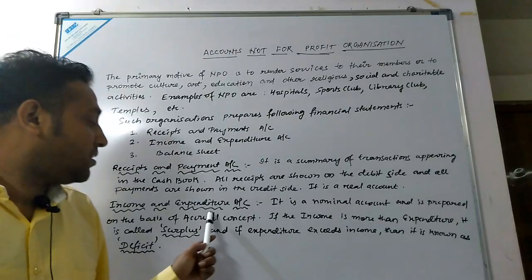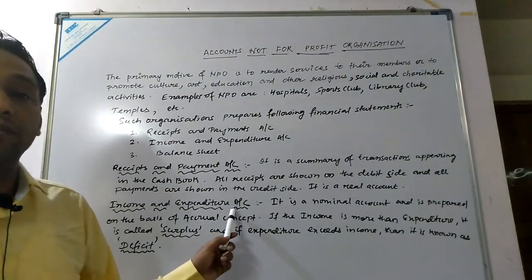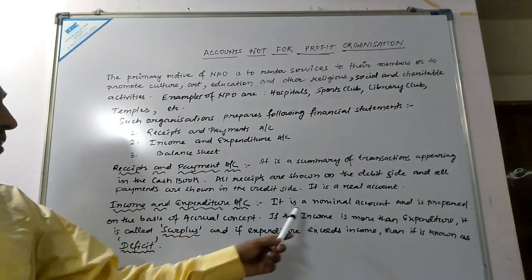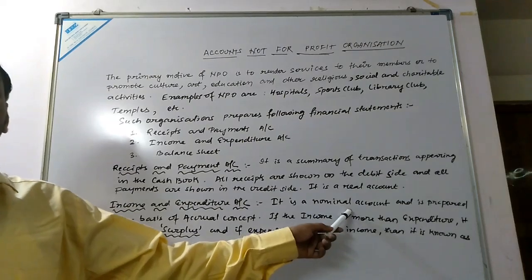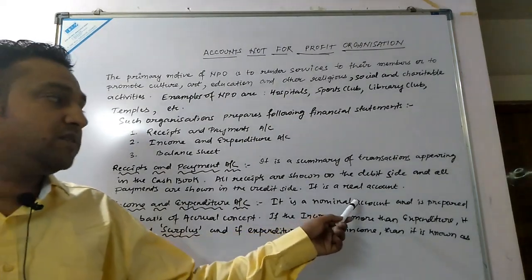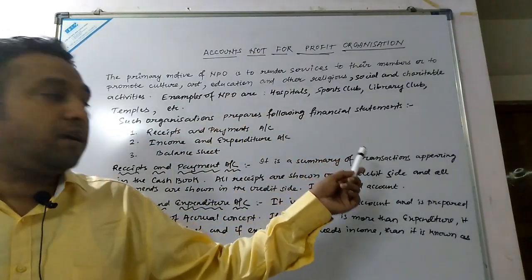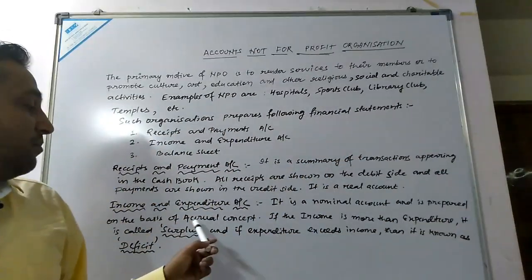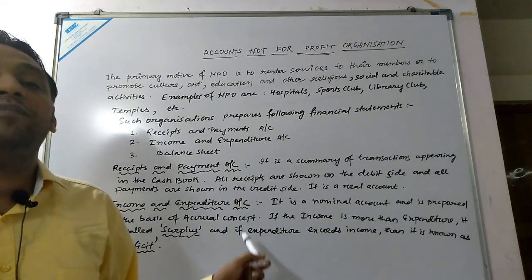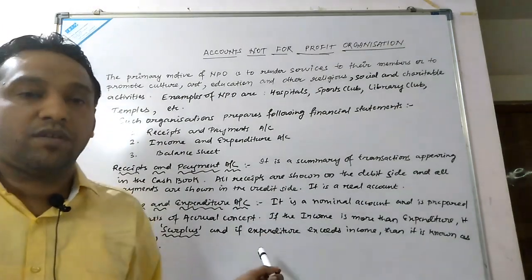Next is the income and expenditure account. As we can see, it is a nominal account. Nominal account means the debit side shows your expenditure and the credit side shows your income, and it is prepared on the basis of the accrual concept. So that means it is the accrual basis of accounting.